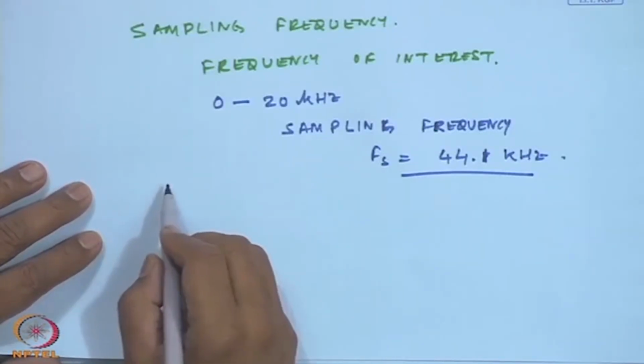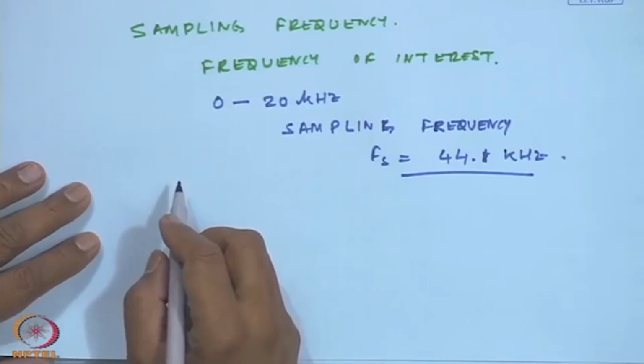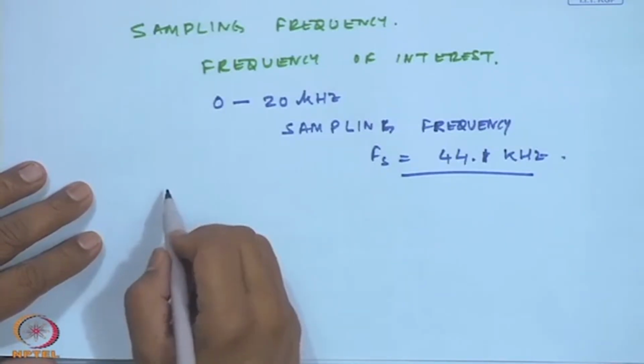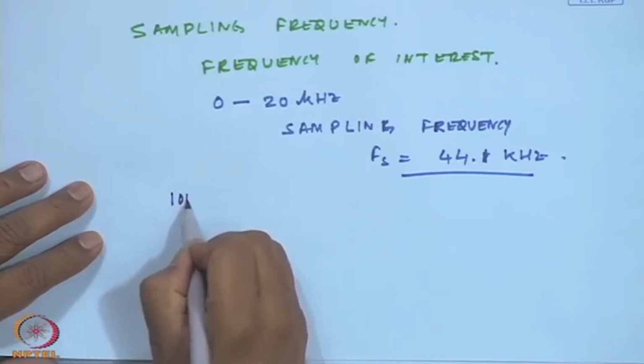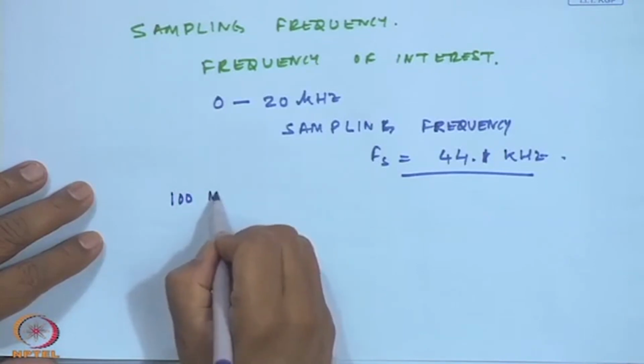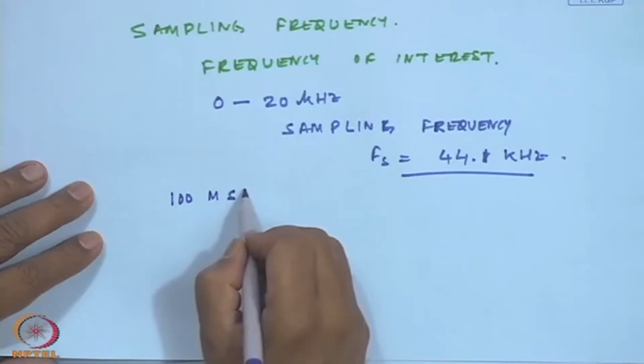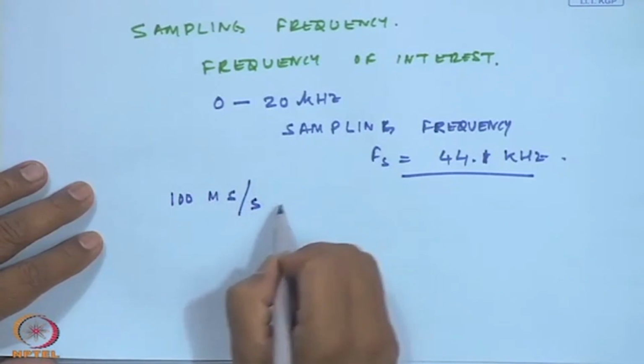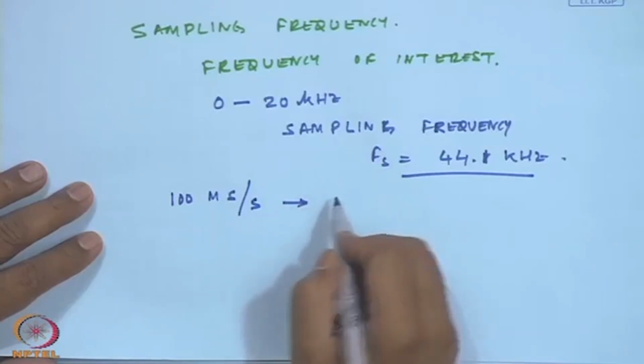But nowadays, there are very high sampling devices which can sample at about 100 mega samples per second. And this is the present state of the art.